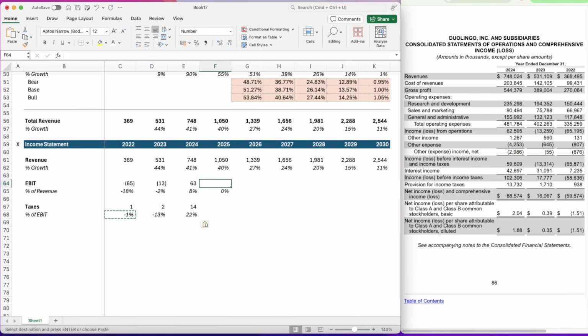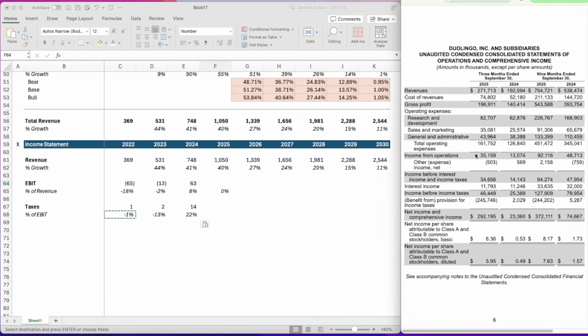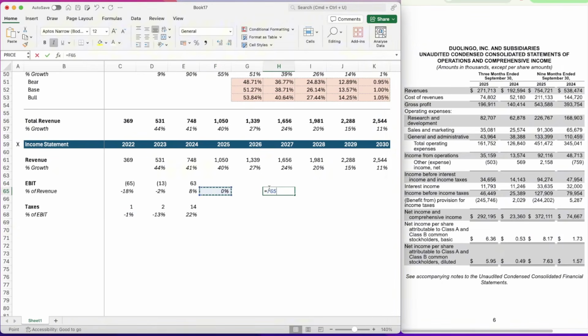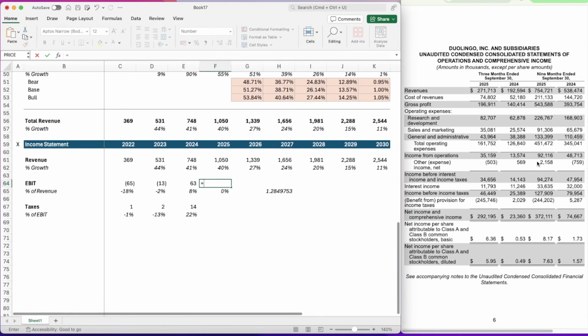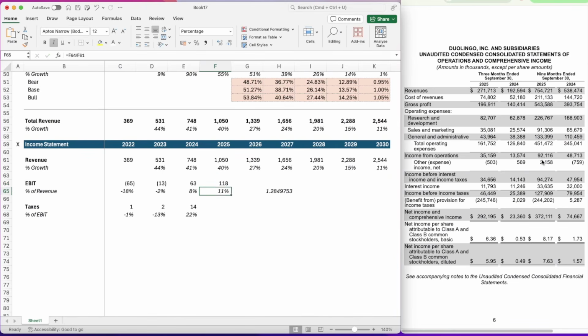Onto the 10Q. So if we take 63 to the full amount for 2024 divided by 48.713, get 1.28. We multiply 92.116 multiplied by 1.2849753.